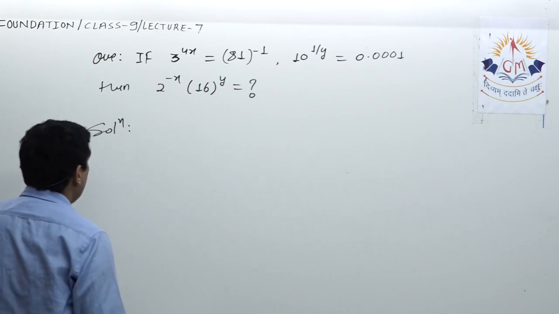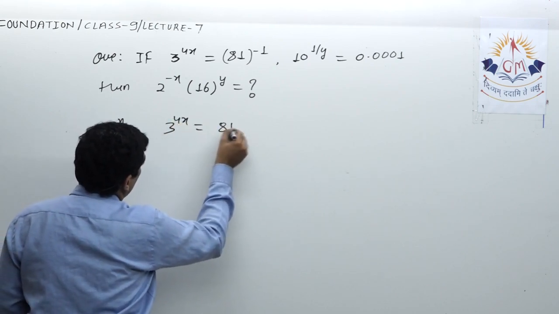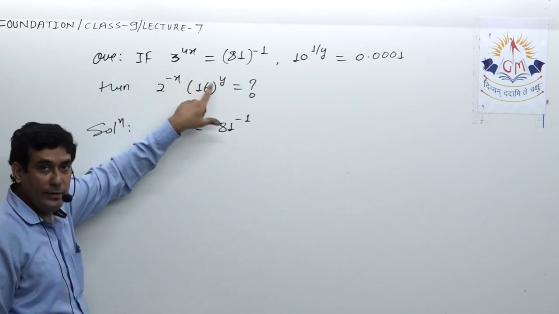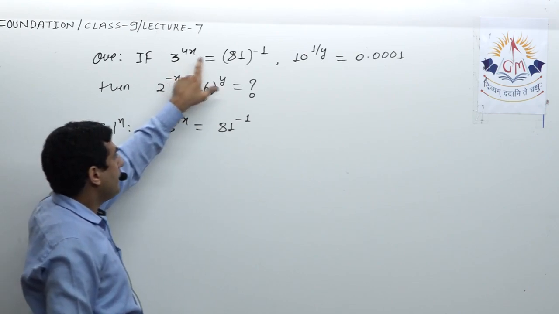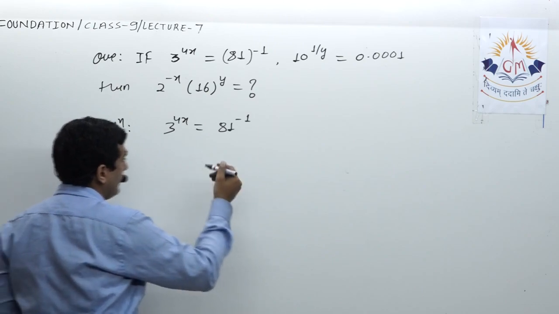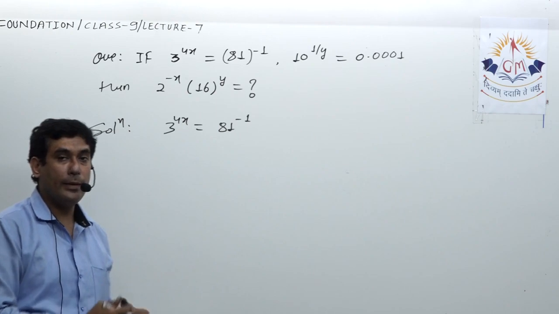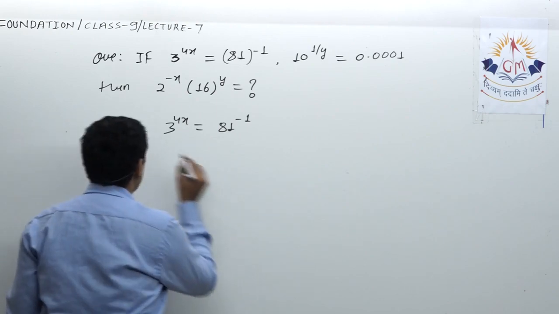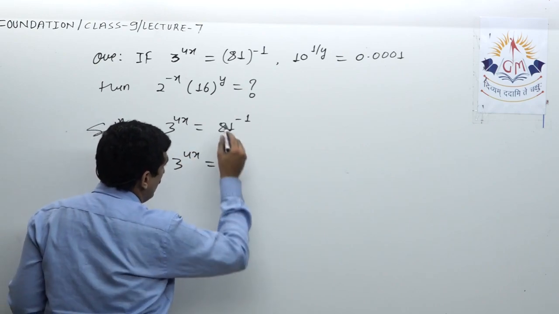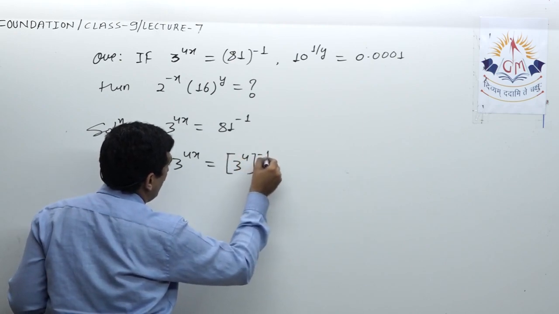Okay, so actually we need x and y. So 3 raised to 4x is equal to 81 raised to minus 1. Again, as we need x and y, we can observe they are in the exponents. So to get the value of the variables which are in exponent, we need to make the bases same. So over here 3 raised to 4x is equal to, now 81 is actually 3 raised to 4, raised to minus 1.